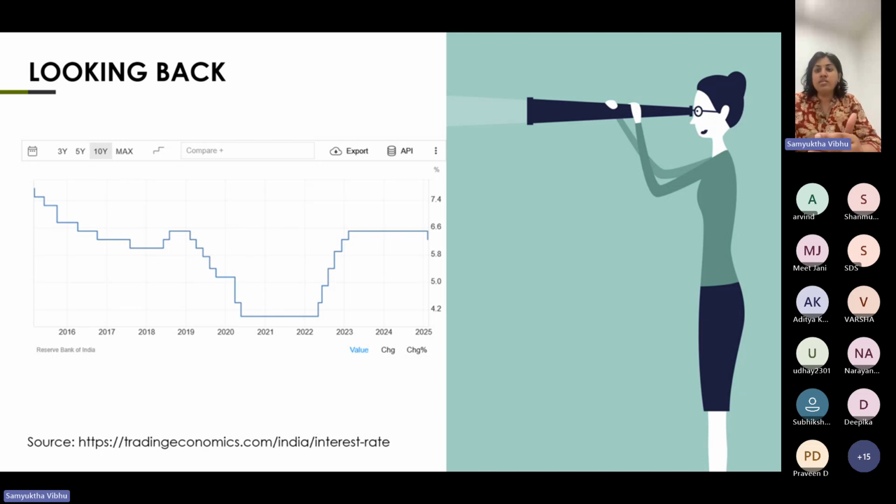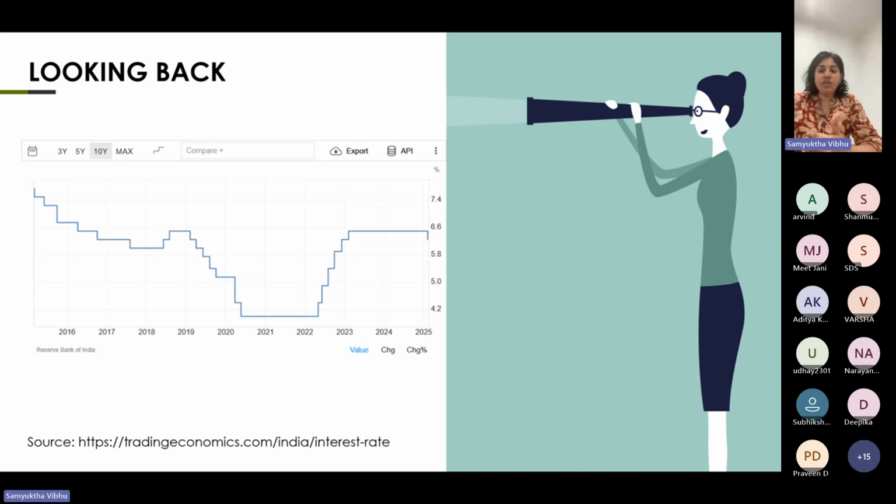Then we did steeper interest rate hikes through 2022 and 2023. For the last 2 years, from February 2023 till February 2025, we've been at a flat cost of borrowing at around 6.5%. We've had the first rate cut occur in February this year, and our interest rate is now at 6.25%.